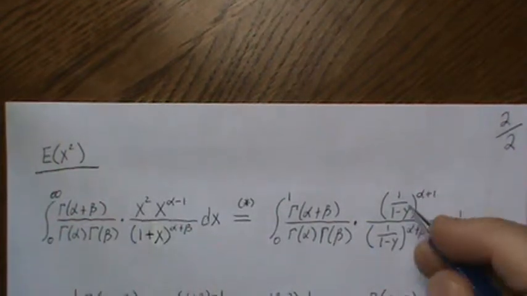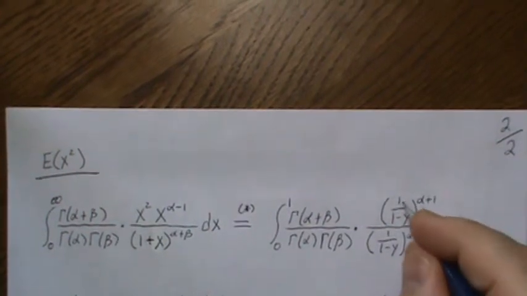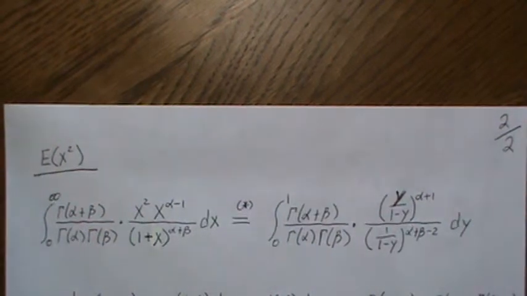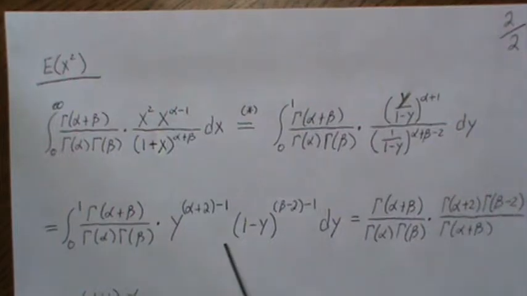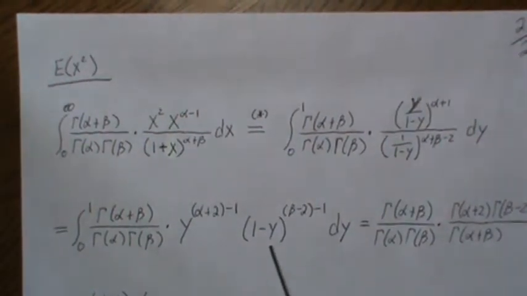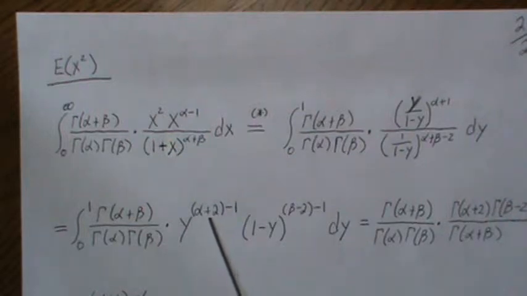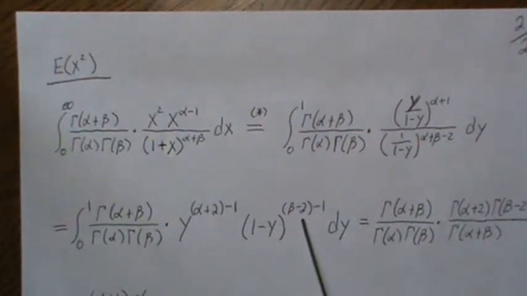And so this should be a y. Then this simplifies to this. It should be alpha plus 1, but I have to go plus 2 minus 1. And then this is in the form of the beta distribution.